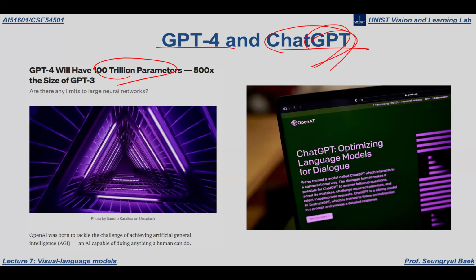When using ChatGPT, we experience its generalization power. Even when we ask about knowledge that was maybe not seen during training, GPT can sometimes provide correct answers, sometimes wrong, but sometimes very good answers. That's what we are experiencing now.